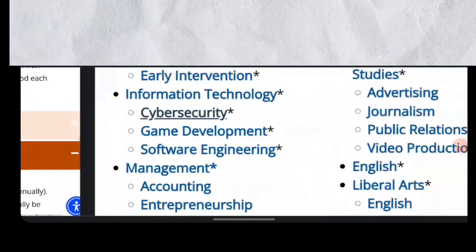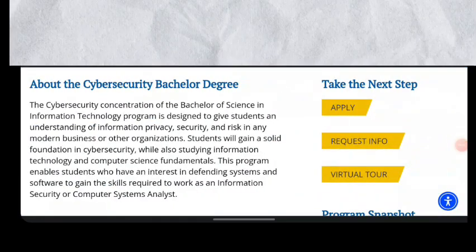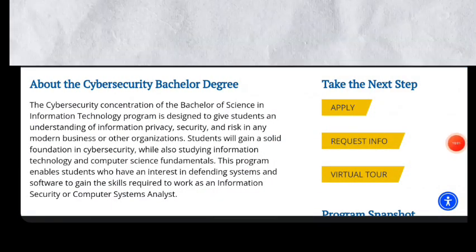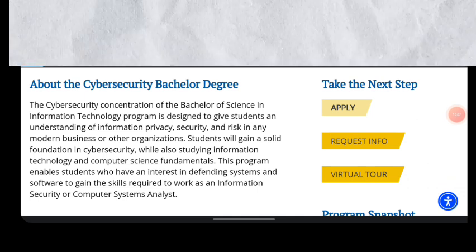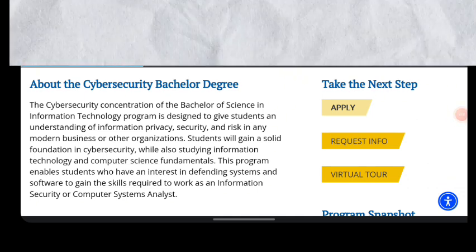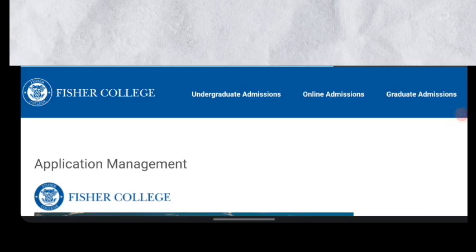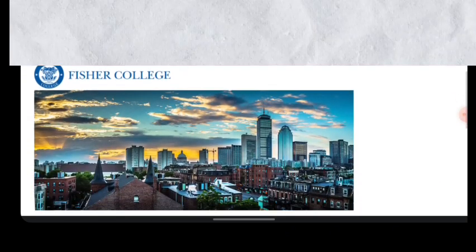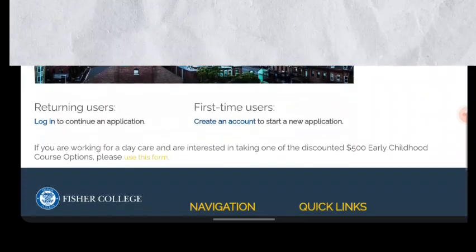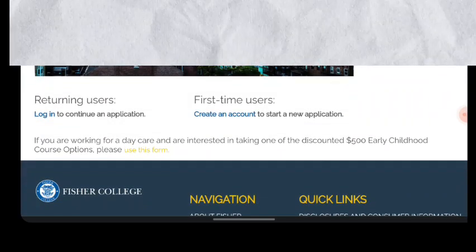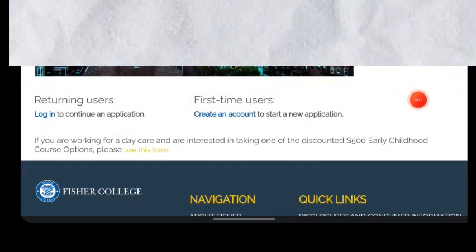Now let's look at the application process quickly. When we get back to the program of interest, the next thing you want to do is click on apply. If you click on apply, you will find more information about the admission application process and other relevant information that you should pay attention to. When we get here, as a first-time user, you need to create an account.